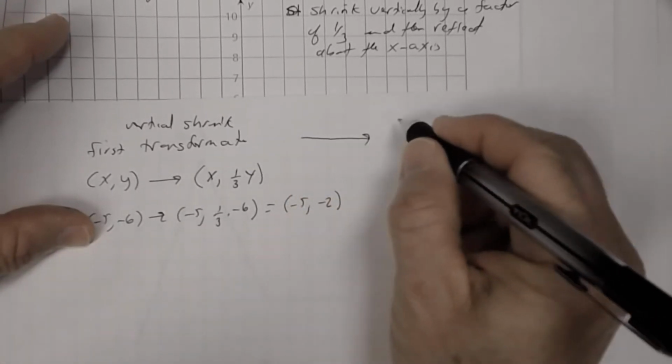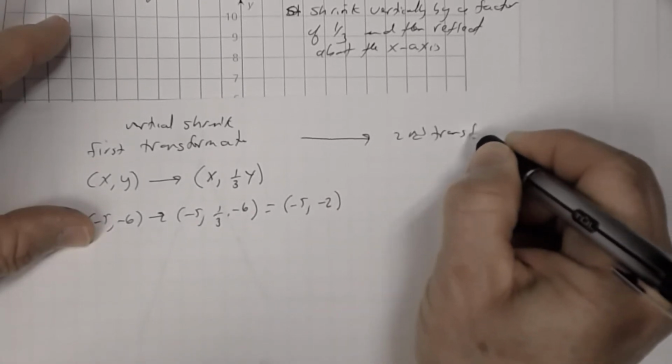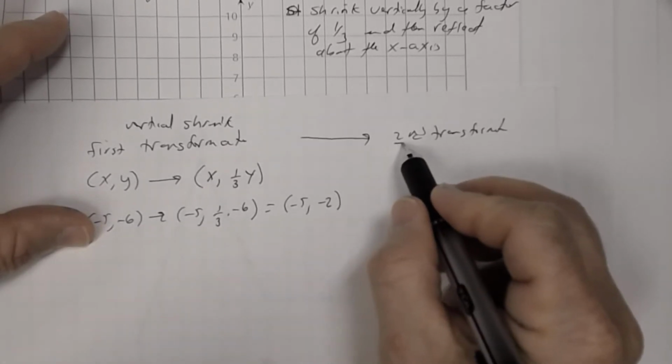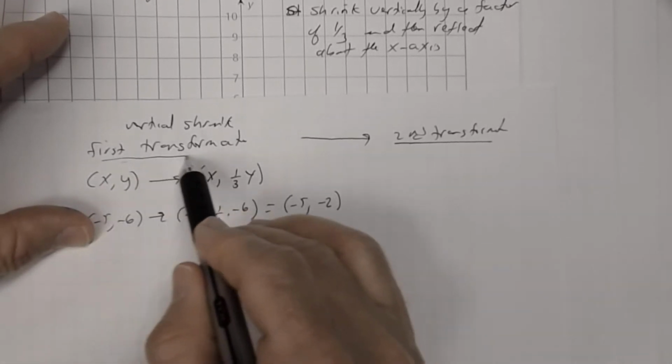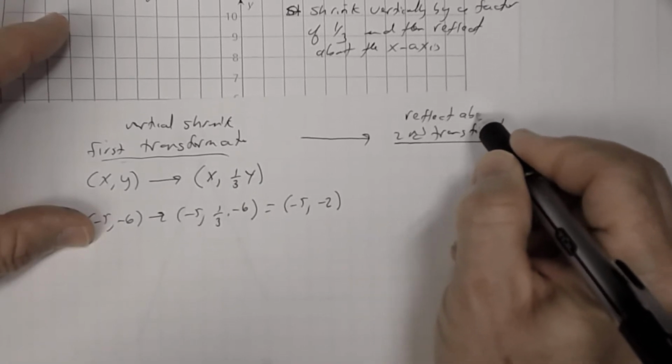So then the next thing you're going to do is reflect. If you need to write it out like this, then write it out. The second transformation that you're going to do is the reflection about the x-axis.